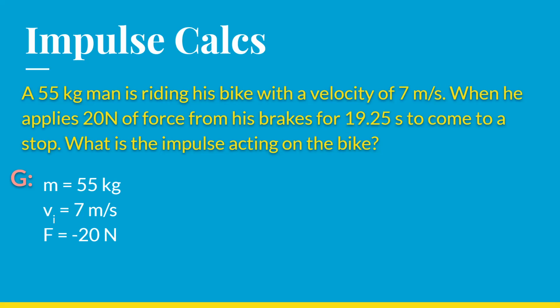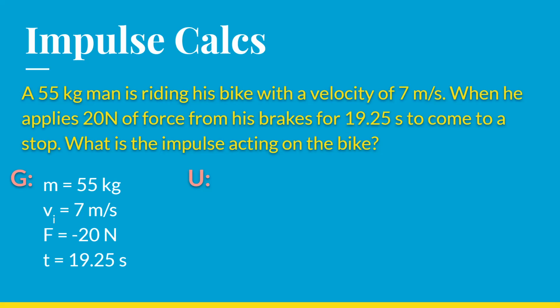You have to pay really close attention to things like that so you get the right sign. But that force is going to be opposite whatever direction he's moving. So since I called his velocity positive 7, his force applied from his brakes is negative 20. Okay, we know that the time that is applied is 19.25 seconds, and we know that he comes to a stop. I didn't actually label that, but I could have labeled his final velocity as 0.